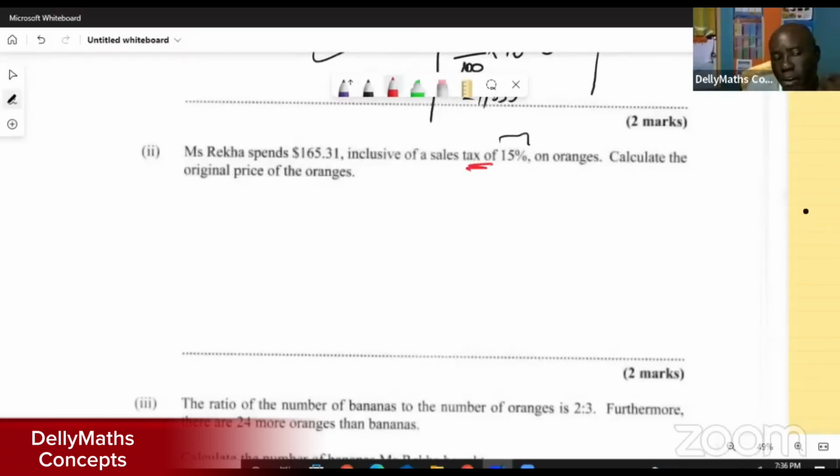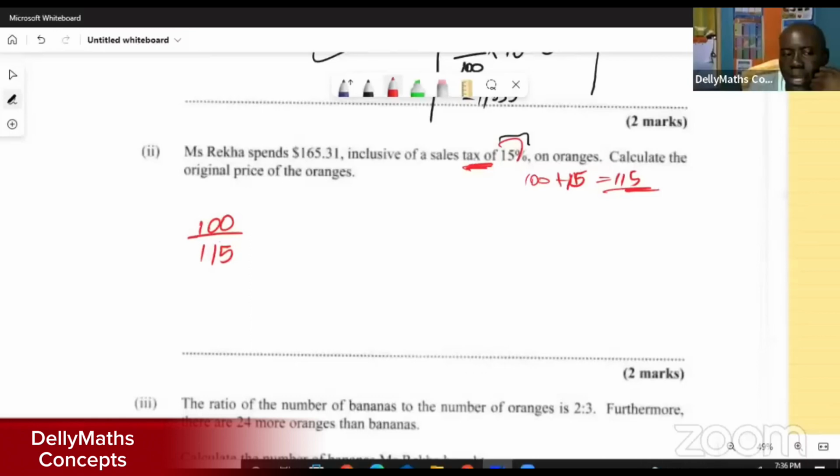Whenever you're trying to find the original thing, there are many ways you can approach it. You can say, I want to find 100%. I put it at the top. I'm going to divide it by the 115. How I get the 115 is because this 15 was included in the tax. So 100 plus 15 would have given us 115 with the tax in it.